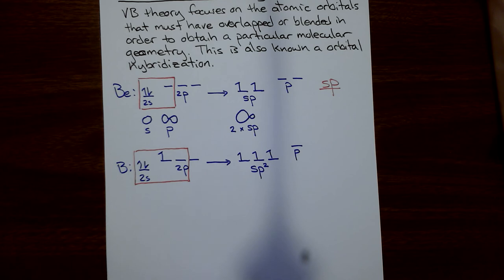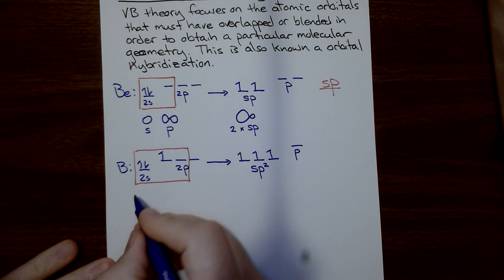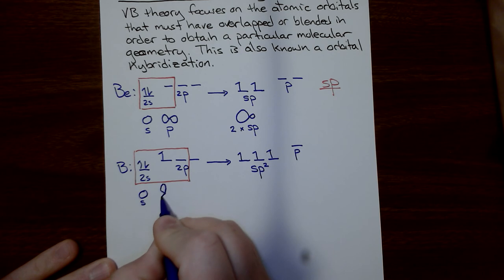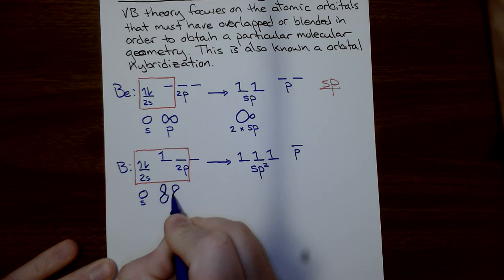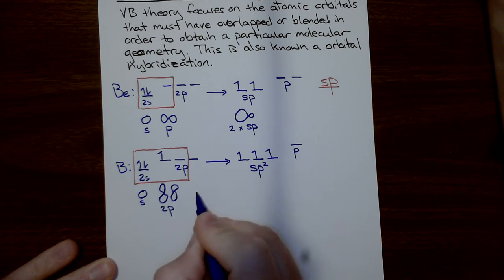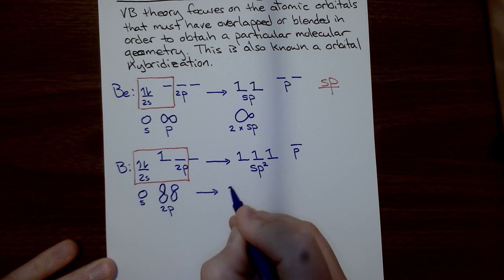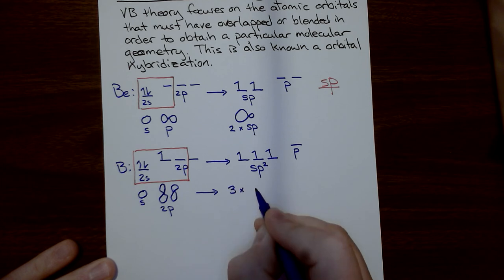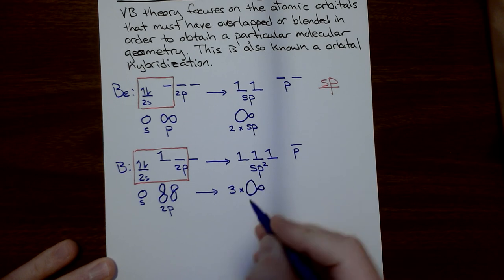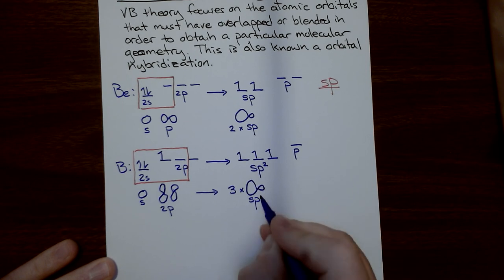So you're taking the s here, and then you're taking 2 p orbitals, and I'm just going to draw them like this, and we're blending them together to make 3 of these sp2 hybridized orbitals of the same energy.